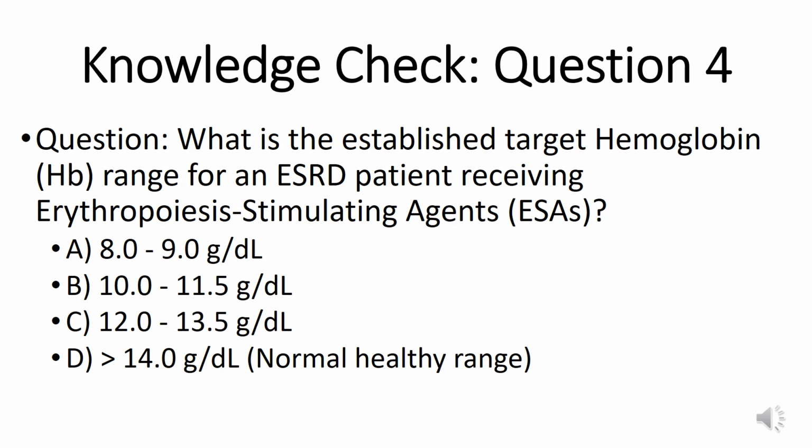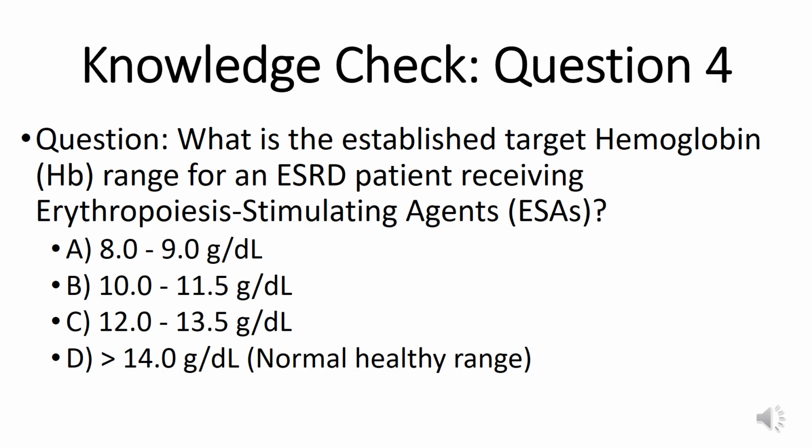A hemoglobin range of 8 to 9 grams per deciliter represents significant anemia. Patients within this range often remain symptomatic and may have impaired functional capacity. Levels between 12 and 13.5 grams per deciliter are higher than the recommended therapeutic target for most dialysis patients.